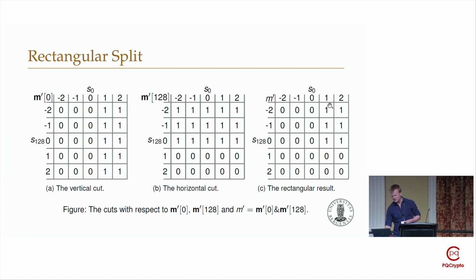So the total result is that we will learn either that S0 and S128 have values within this rectangle here, or that the values are outside of this rectangle here. And this rectangle can be of any rectangular shape starting from any of the corners of this grid.